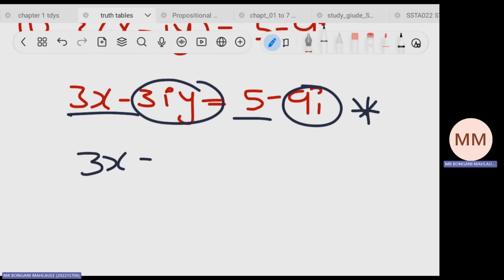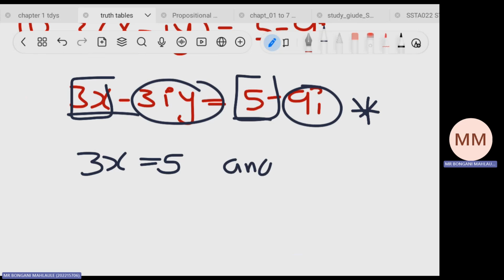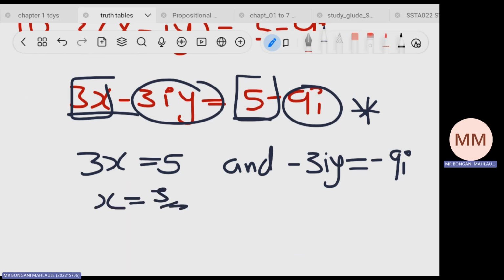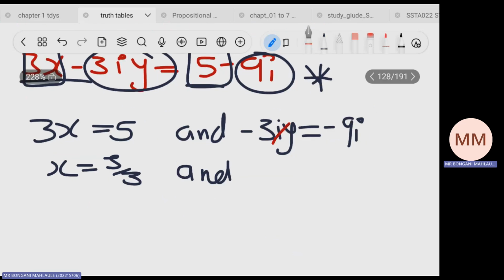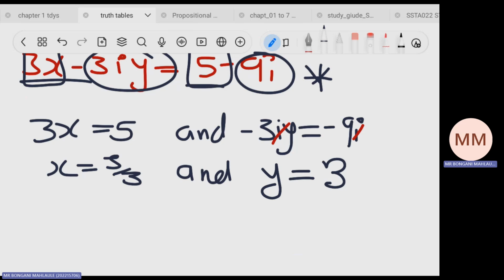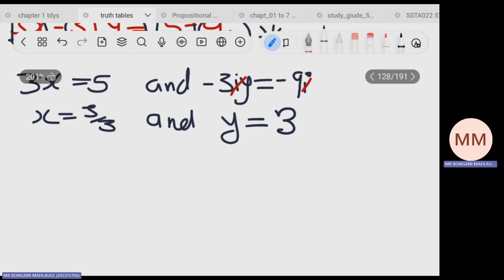So I'll have 3x is equal to 5, and also negative 3iy equal to negative 9i. Then x is equal to 5 over 3, and the i's here will cancel. Then you'll have y is equal to 3. So I've managed to solve.